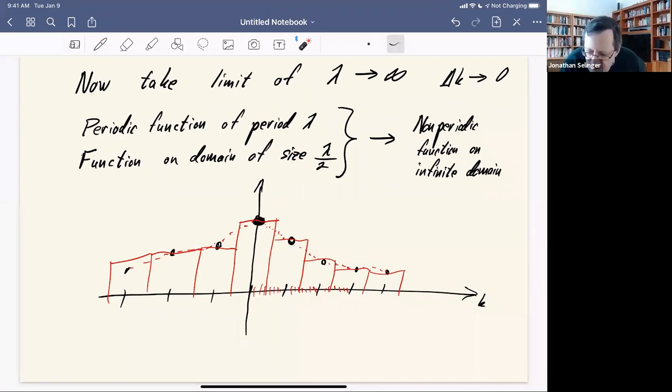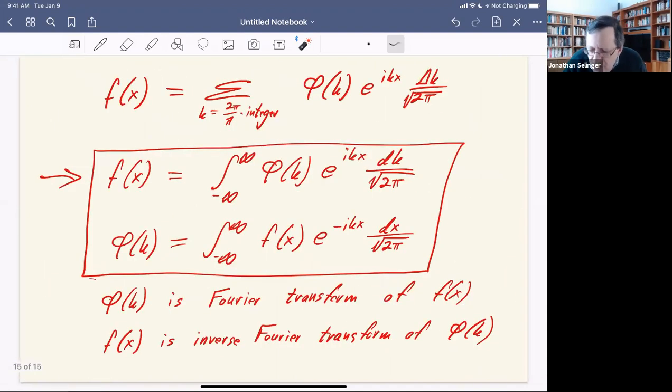That any continuous value of k is allowed in this limit of lambda goes to infinity. And so now we can fill in all the gaps. And so we get this pair of functions, which are like partners of each other, f of x and phi of k.